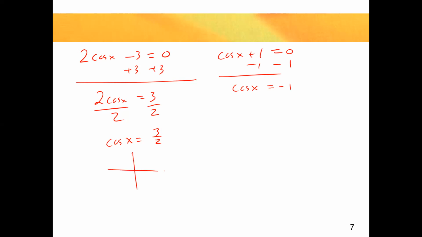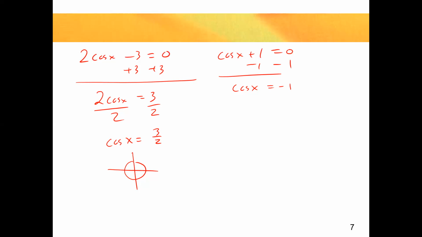On the unit circle, where does cosine give you 3 halves? Oh, that's a good question. Wait, where does it do that? I know square root of 3 over 2. Yeah, you're not going to find it in the book, because it's 1 and 1/2, which is more than cosine.